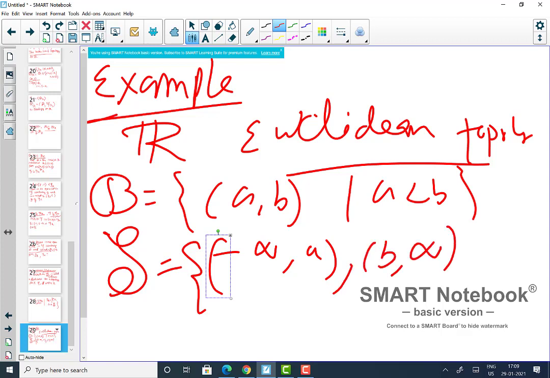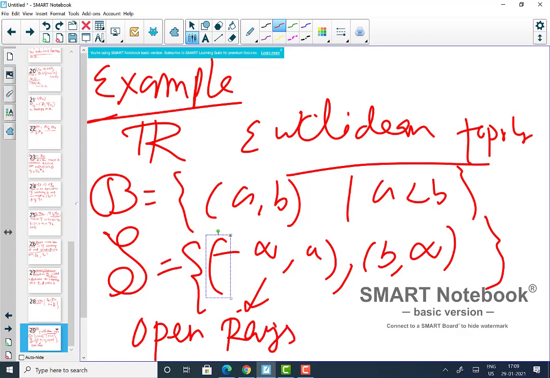The collection of all such things are called open rays, from the left side up to a and from b to the right side, for any a, b belonging to R.